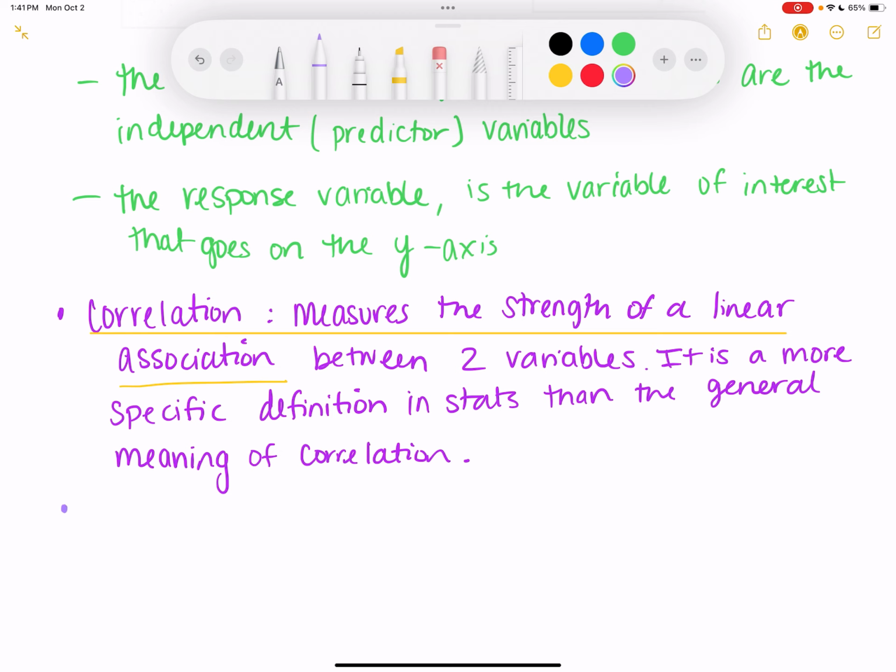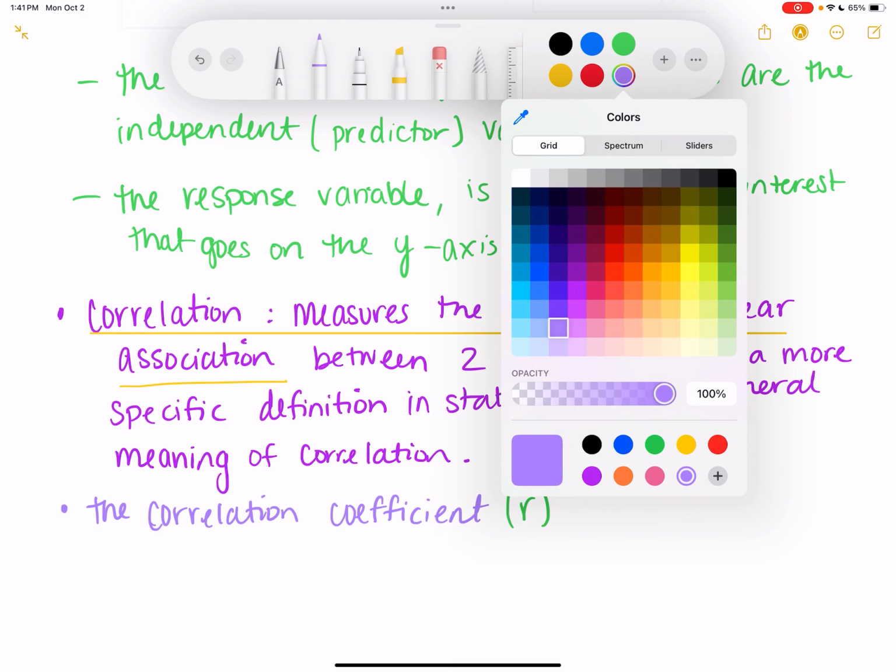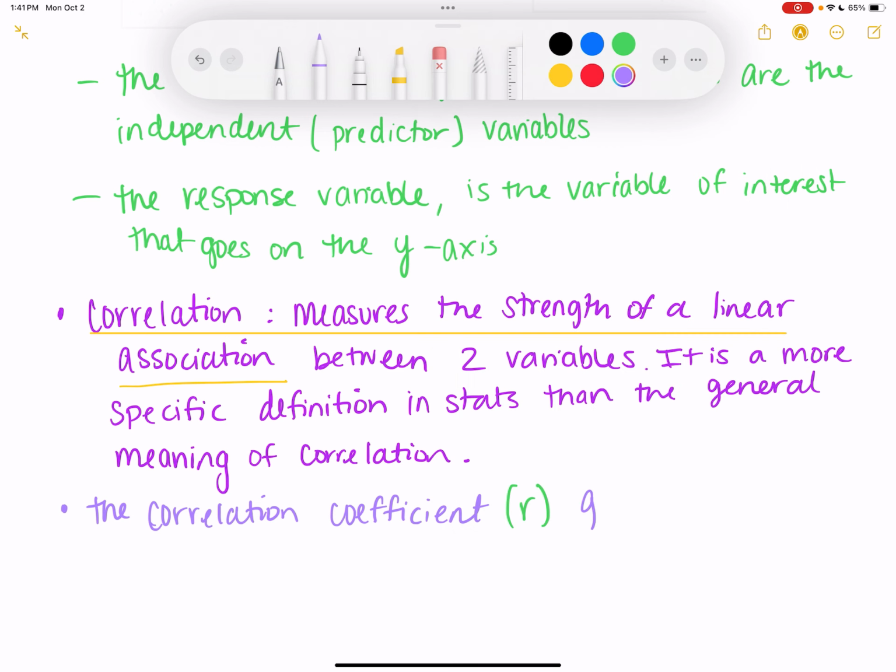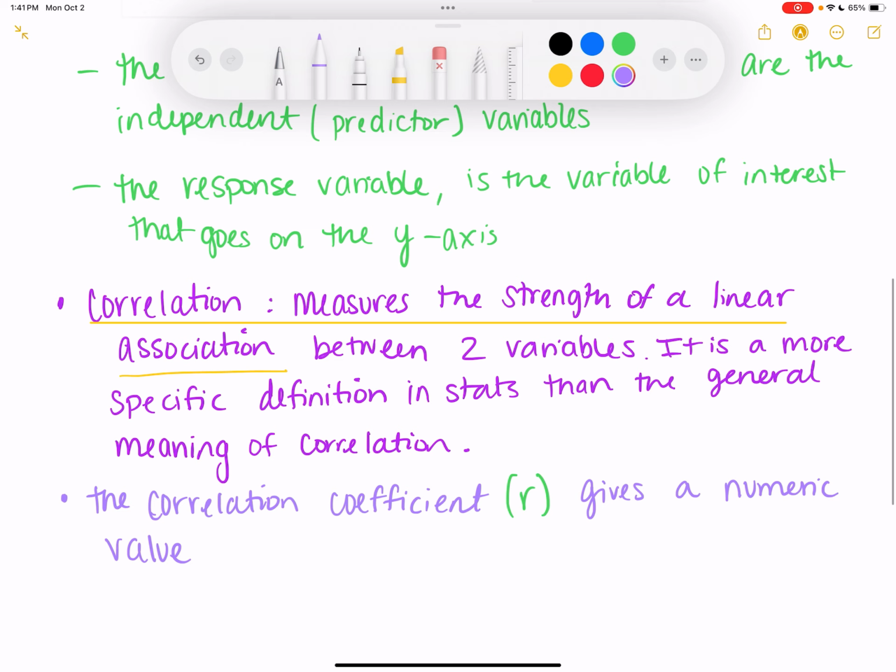So we have what we call the correlation coefficient. And you all should have seen this at some point with me before. But the correlation coefficient R gives a numeric value for the strength of the linear relationship.